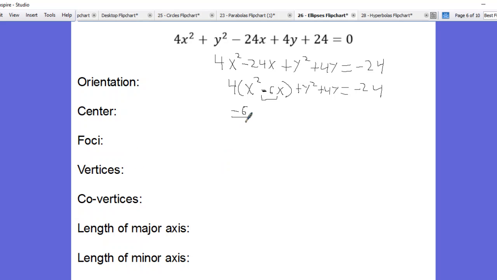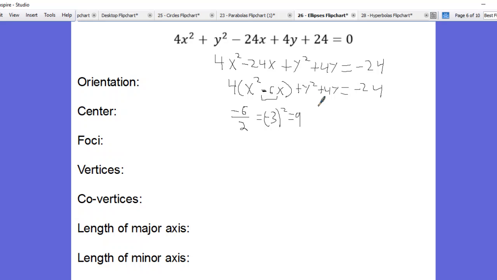So this is negative 6 divided by 2. First step, you take your coefficient of x. In this case, that coefficient is negative 6. You divide it by 2. That becomes negative 3. You square negative 3. That becomes 9. Negative 3 times negative 3 is positive 9.